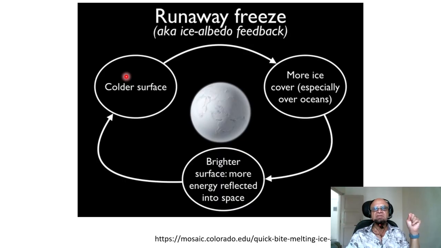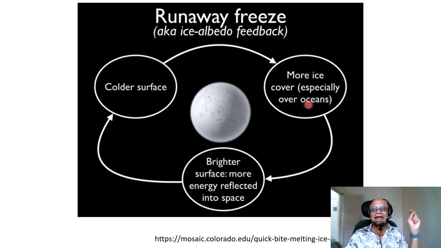Let's say the Earth's orbit changed at that time because there were no human beings around to make climate change. So naturally things happened, and the energy coming from the sun changed in a way that it started to cool the surface, which then went on to produce ice cover, or it increased the ice cover that was already there. And it is especially so over the oceans, where you grow sea ice.